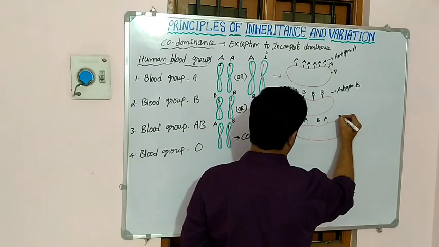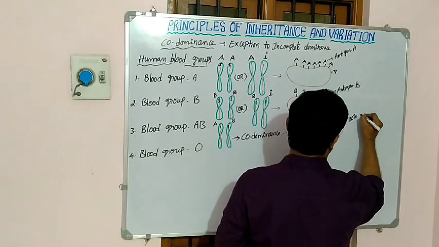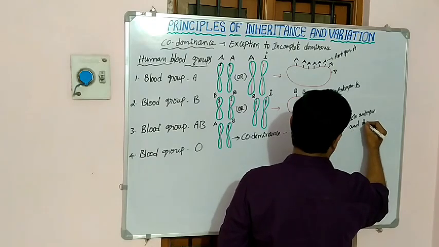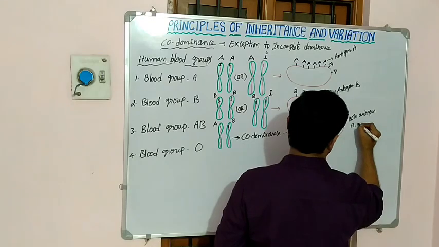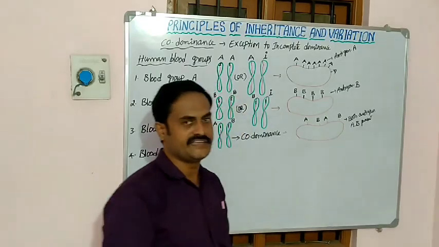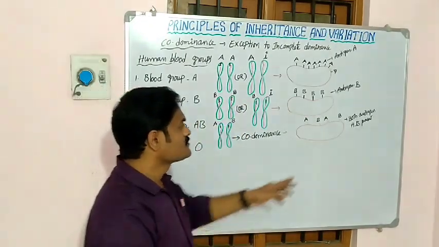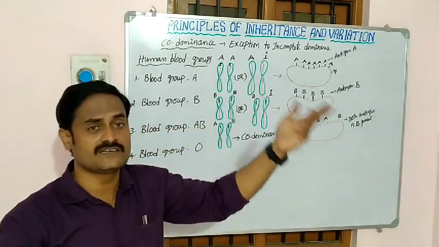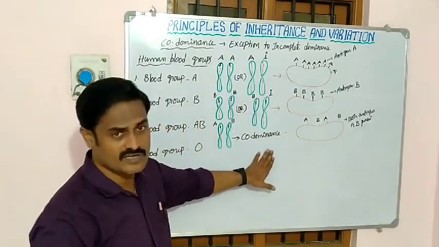Again antigen A, again antigen B. So here both antigens A, B are present. So both are dominant here. Not only a single one is dominant, both are dominant. So this is about the codominance.